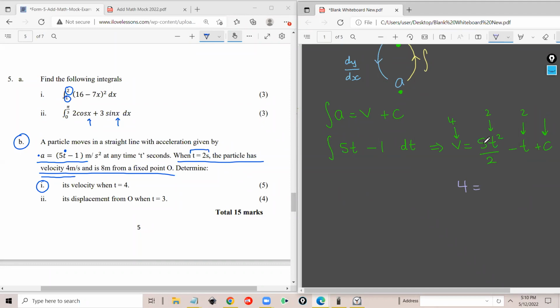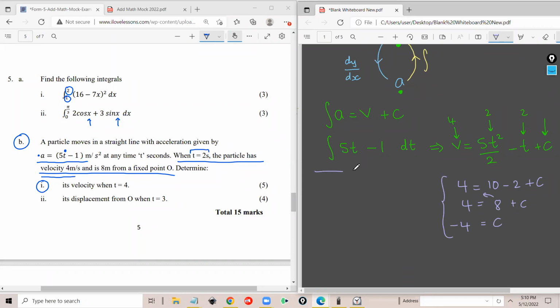I know people have the habit of saying 5 multiplied by 2 and then they square it. Square it first and then multiply by 5. So 2 squared is 4. 4 by 5 is 20 divided by 2 is 10 minus 2 plus c. So I am getting c as minus 4, right?